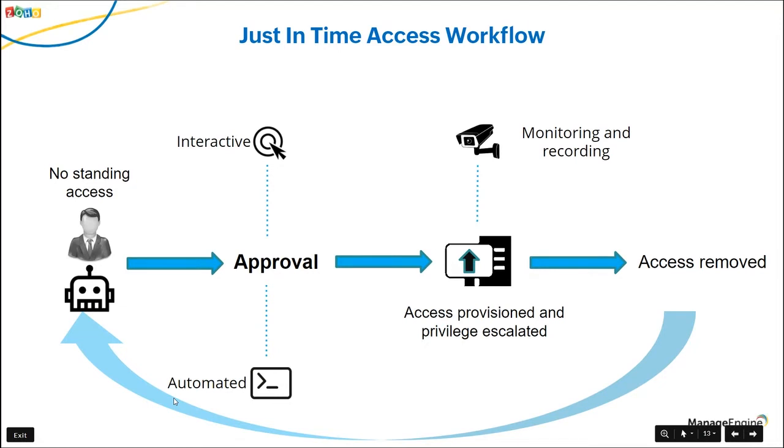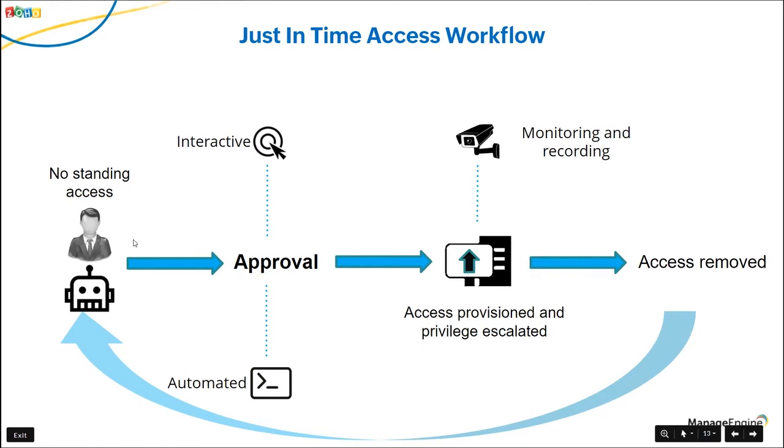Once the access is granted, the user gets elevated permission for a certain amount of time. Here, the complete session is going to be audited and recorded. After the time period, the access gets removed automatically, and the user again stands with no standing privileges.